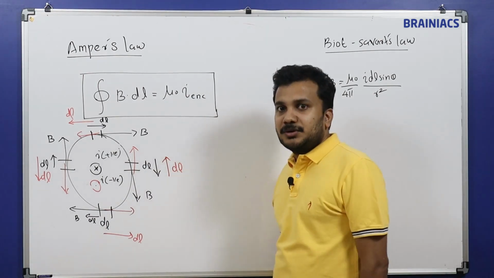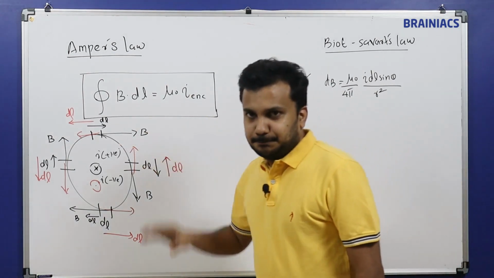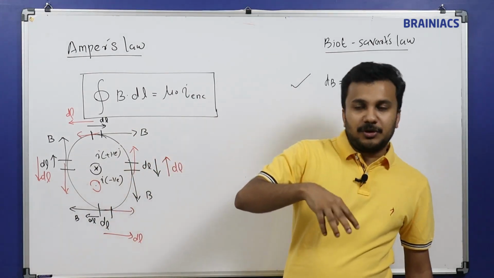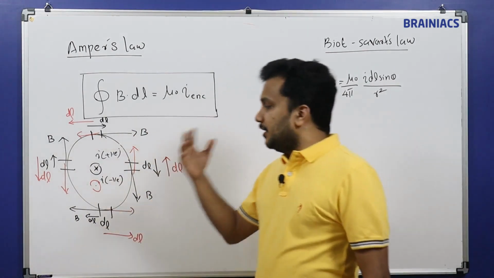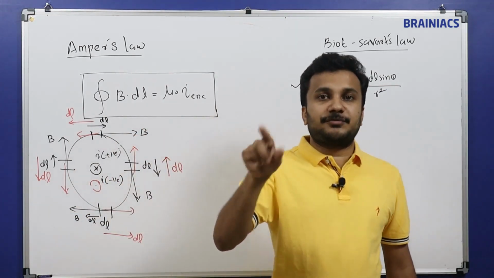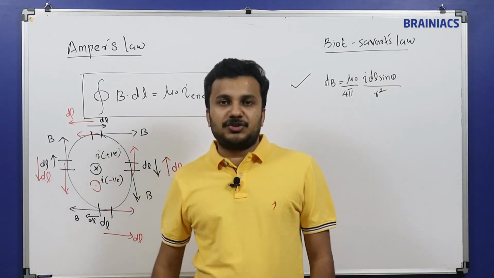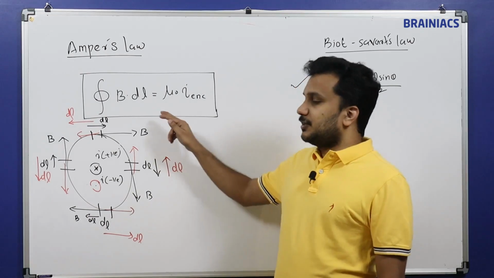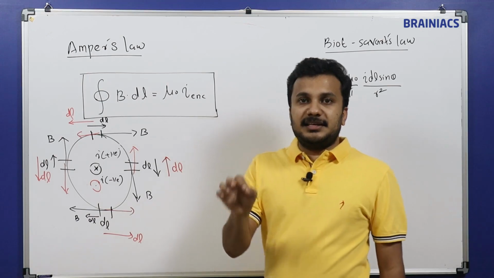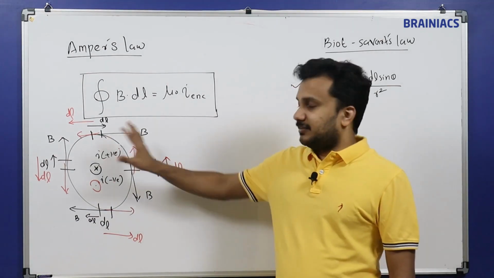If both are equal to 0 degree, then in both cases, whether currents are going into the board or out of the board, the dl directions change because of the change in the direction of current, and the direction of the magnetic field also changes. So always the angle between B and dl is how much? 0 degree in this case.